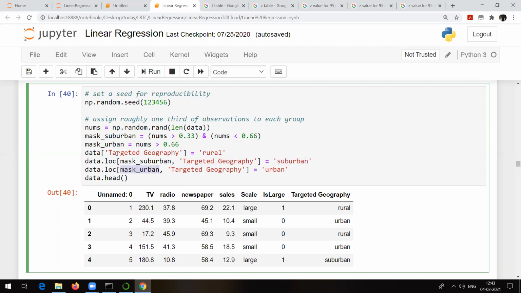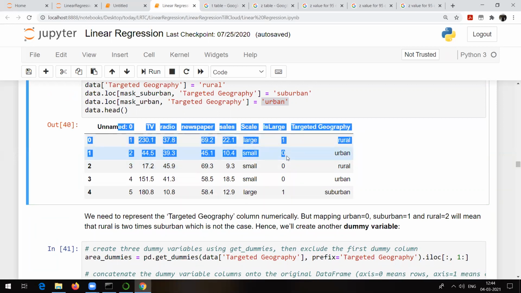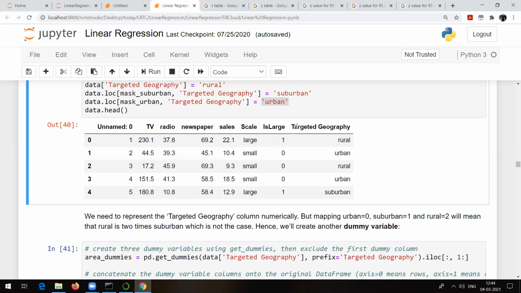So I am just trying to create data where I have a targeted geography added. Till this point it is exactly similar to earlier, till is large. Now I am adding this column where I have 3 categories: rural, urban, and suburban.